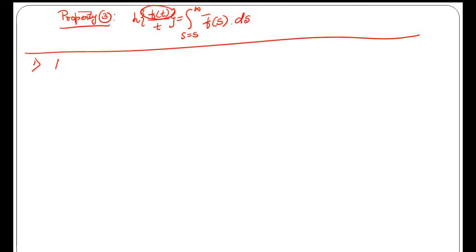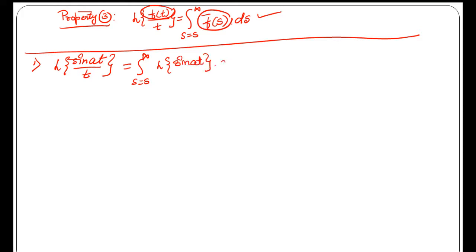Yes, let's move to our first question: find the Laplace transform of sin at divided by t. So apply the third property. That is, the integration from s to infinity of f bar of s, meaning the Laplace transform of f of t, where f of t is the numerator, sin at, with respect to s.